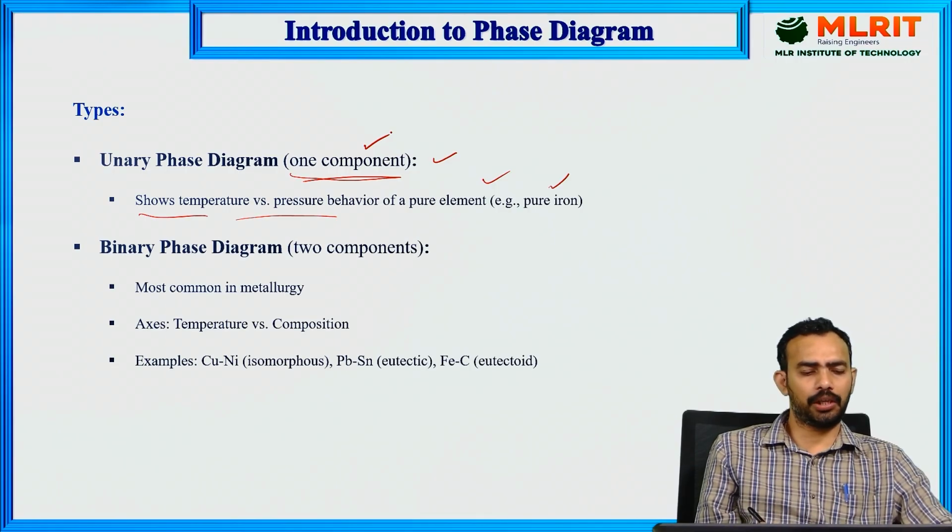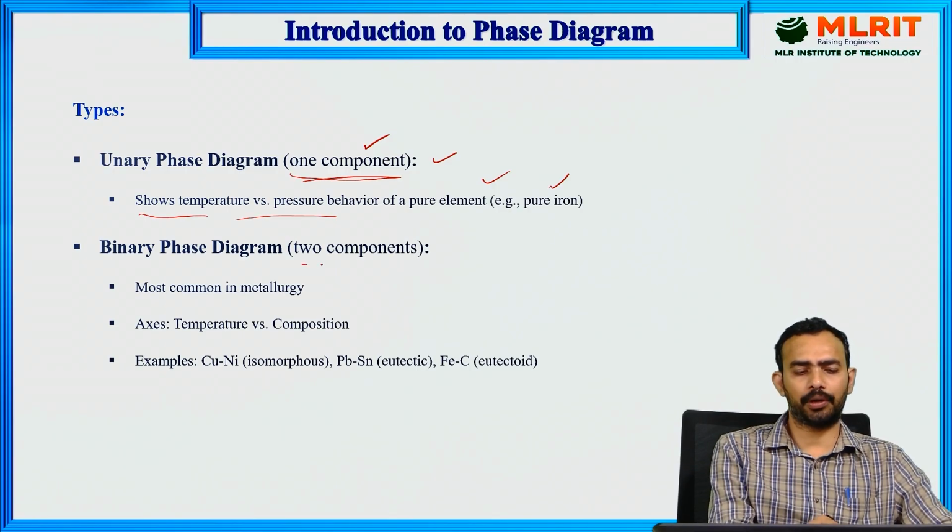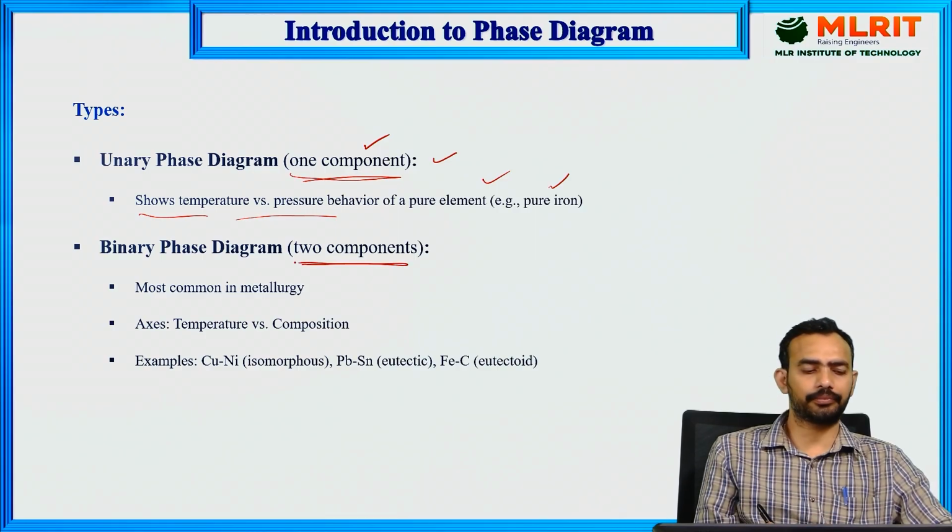Then mostly we talk about binary phase diagrams, where a two component system is considered. It is most common in metallurgy, and we will discuss it more often in our upcoming lectures.